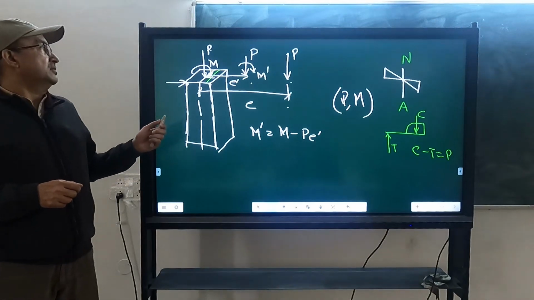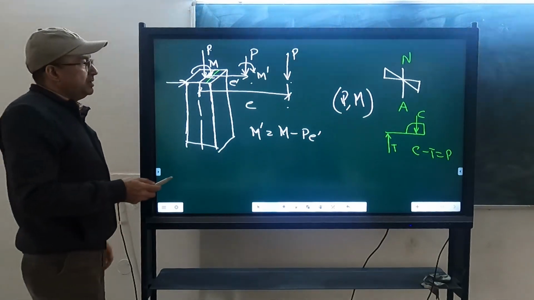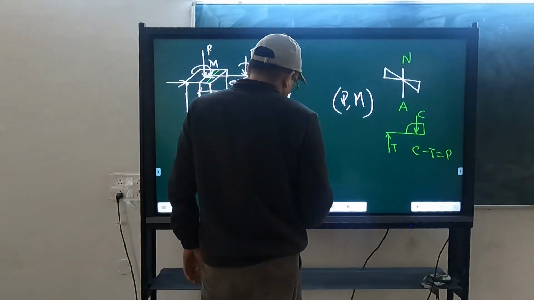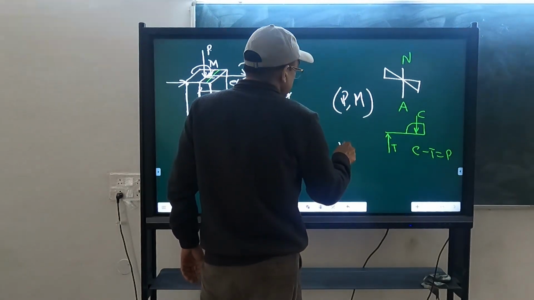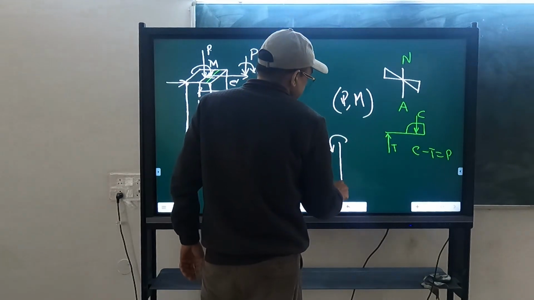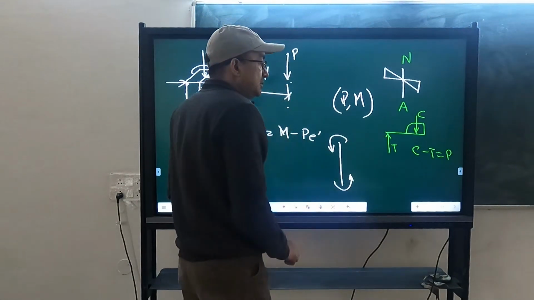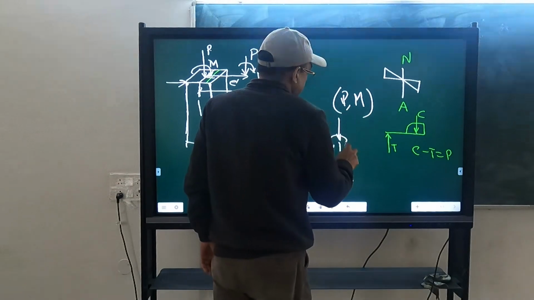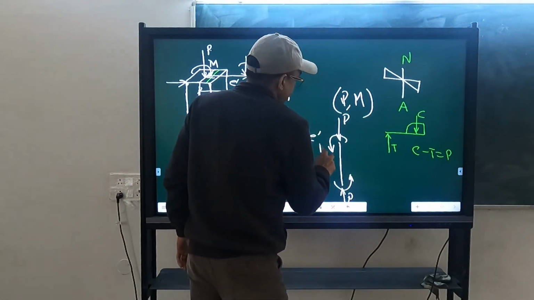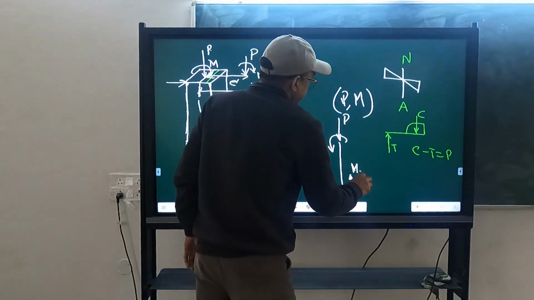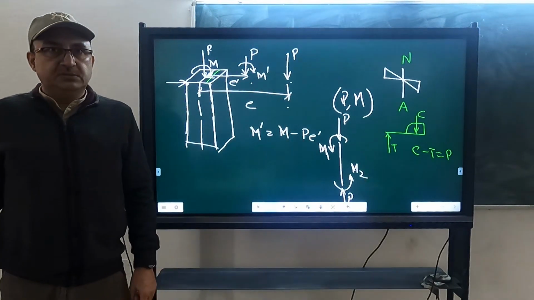Even if you consider that, okay, I will calculate the neutral axis, the neutral axis is varying. Let us say a column is subjected to moments, and it is subjected to axial force also. At the two ends, M1 and M2 are acting like this, so it is in double curvature.